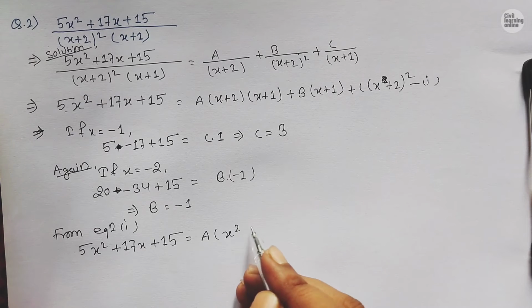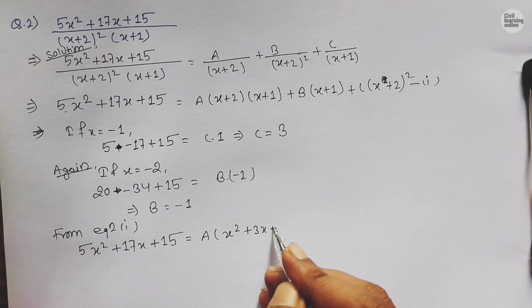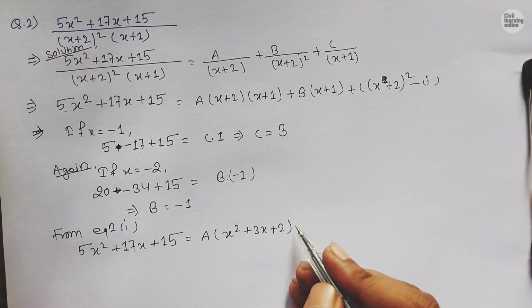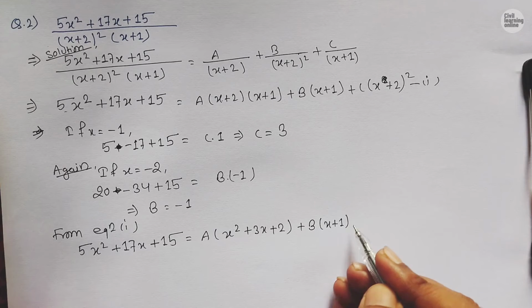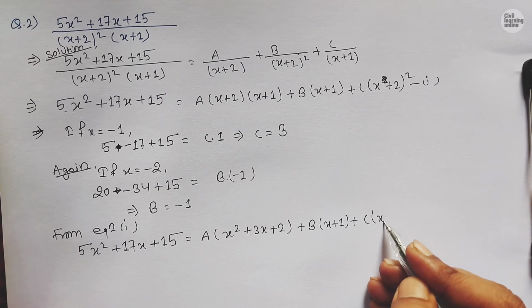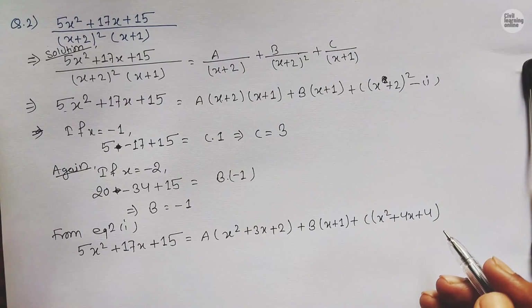What I said, x squared plus 2x plus x means plus 3x plus 2, plus b times x plus 1, plus c times x squared plus 4x plus 4.